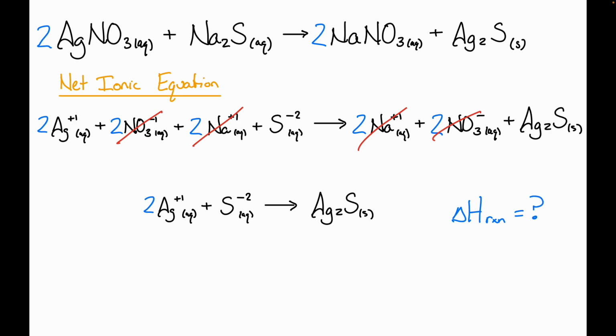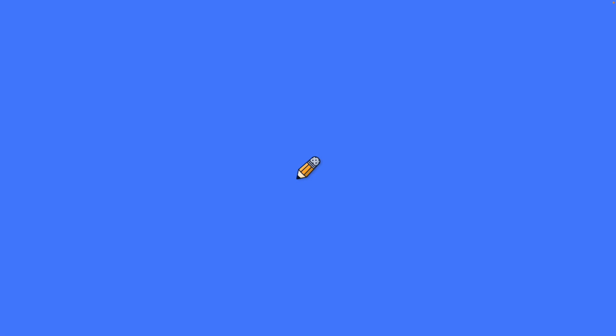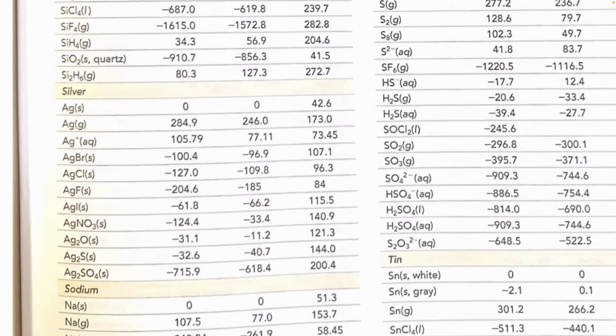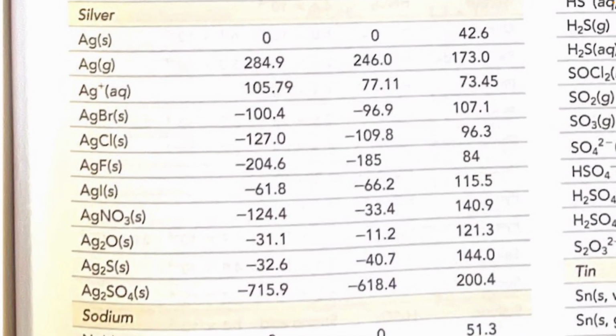All right, so let's go to our constants page. I need silver. All right, cool. So take a second and grab what you need from this section here. This is going to be all of our silver-containing compounds or ions.